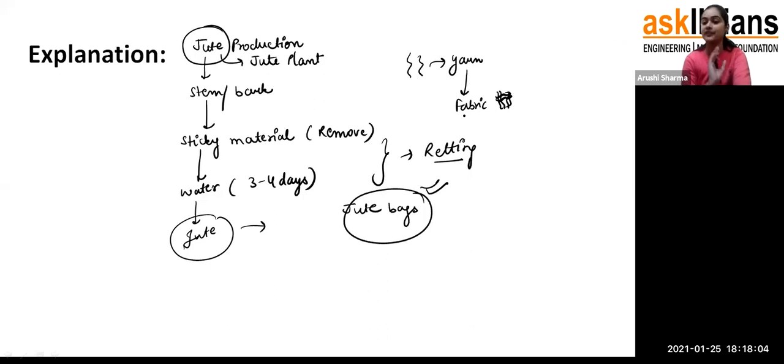We have natural fibers and synthetic fibers, and synthetic fiber is not in your syllabus, so you don't have to worry about that. You have to think about the plant fibers: cotton, jute, hemp, flax, coir.